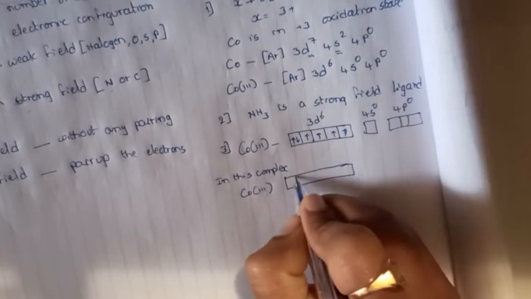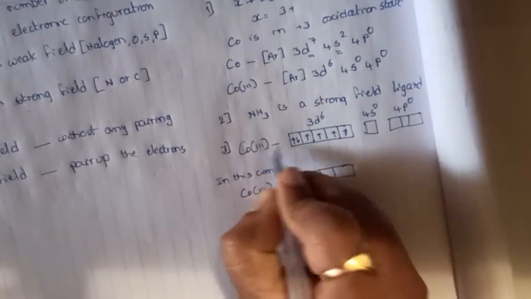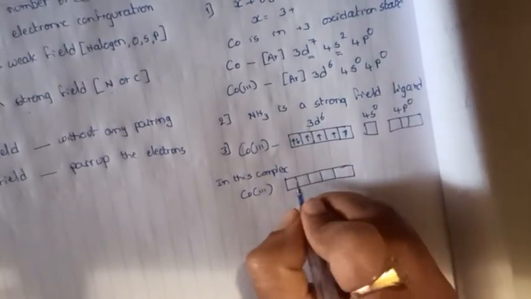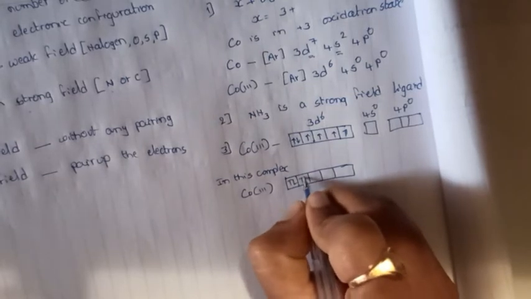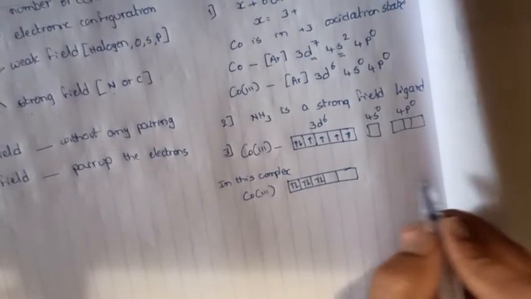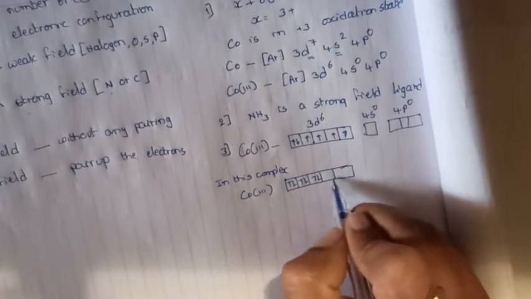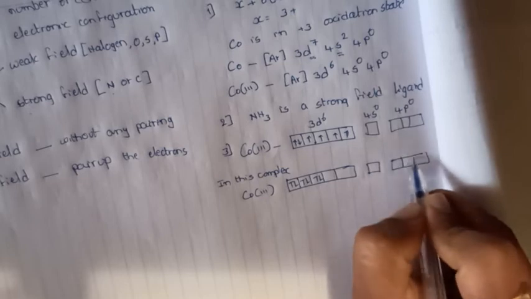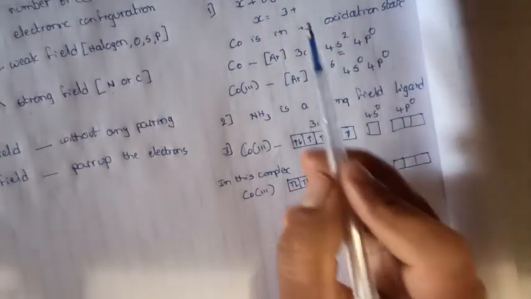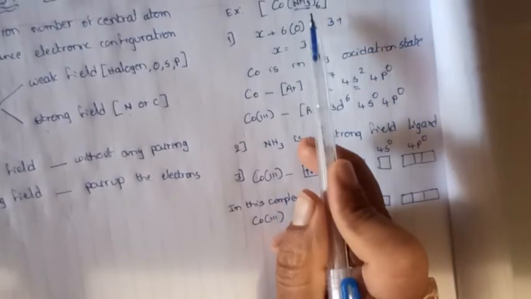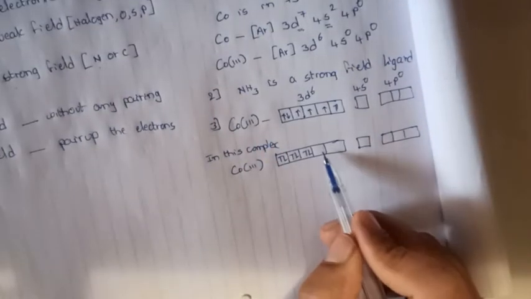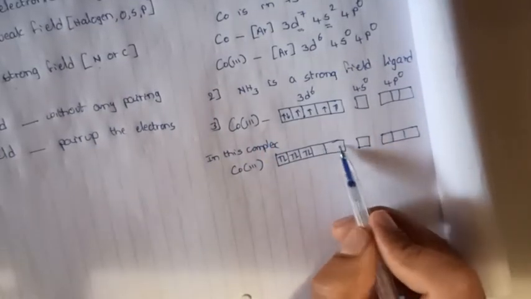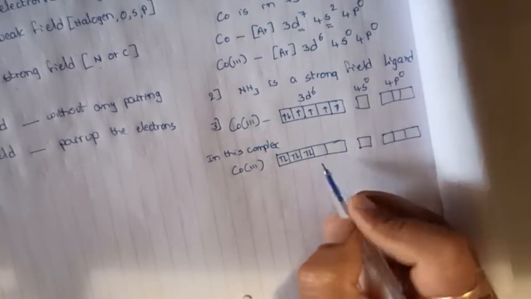So how should I write cobalt(III) in the metal complex? Cobalt(III) in the free state looks like this. But in this complex, because of the strong field ligand, electrons undergo pairing in this way, and it has 2 empty d orbitals now. How many ligands do we have in this complex? We have 6 ligands, and we need 6 empty orbitals: 1, 2, 3, 4, 5, 6. We got 6 empty orbitals.